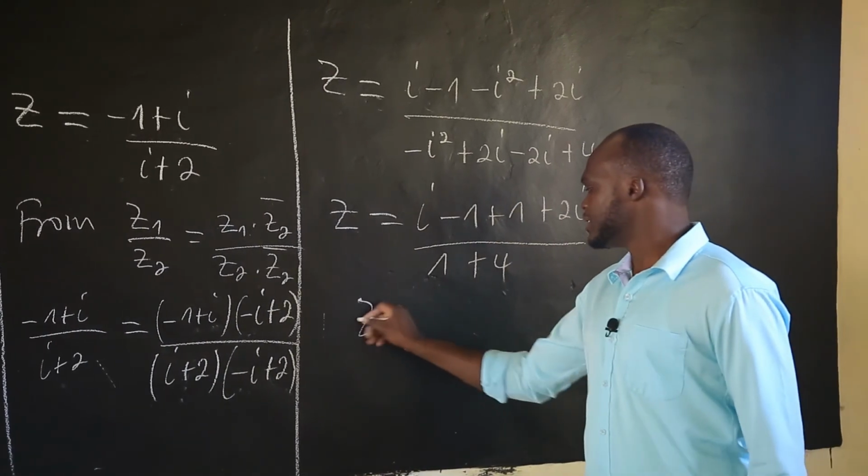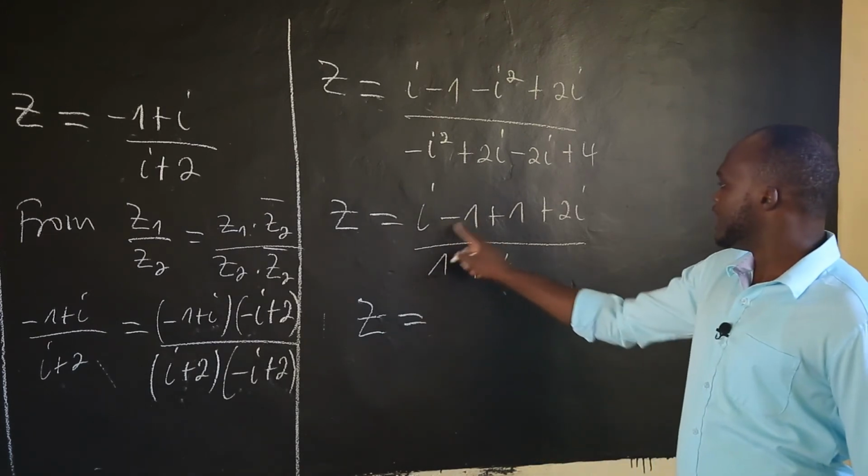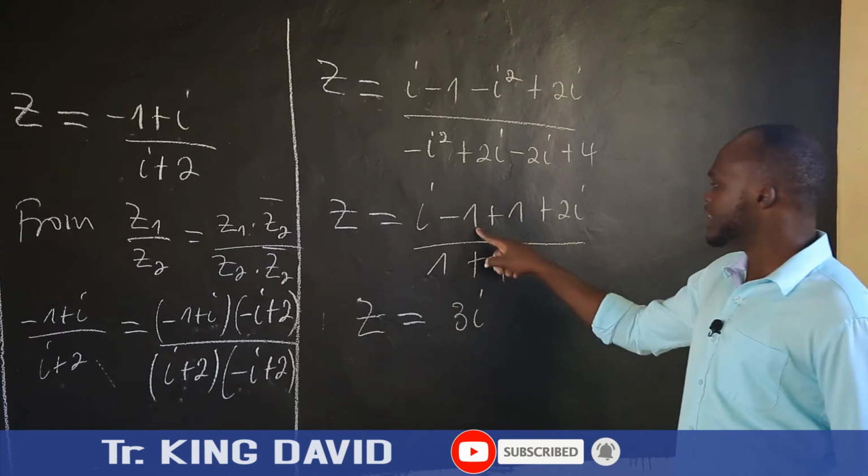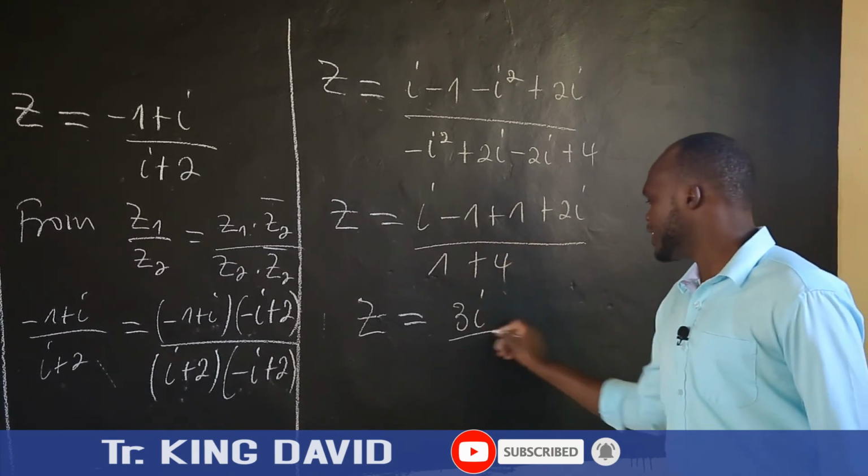So now Z: I plus 2I is 3I. Then negative 2 plus 1, that is negative 1, divided by 5.